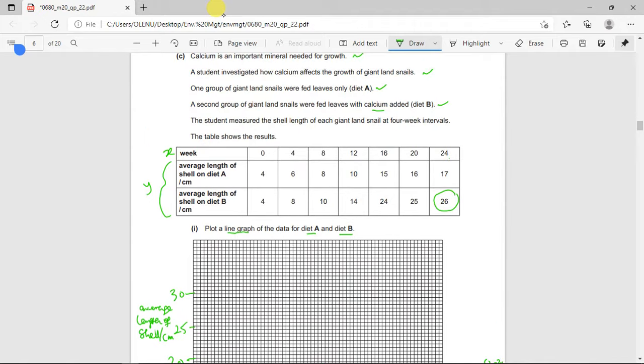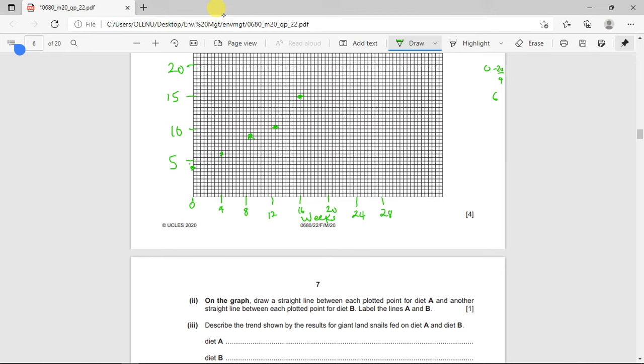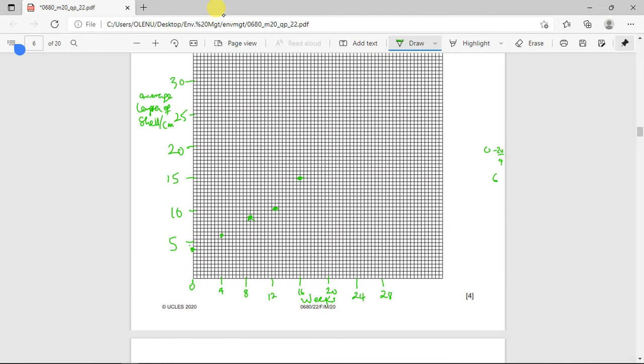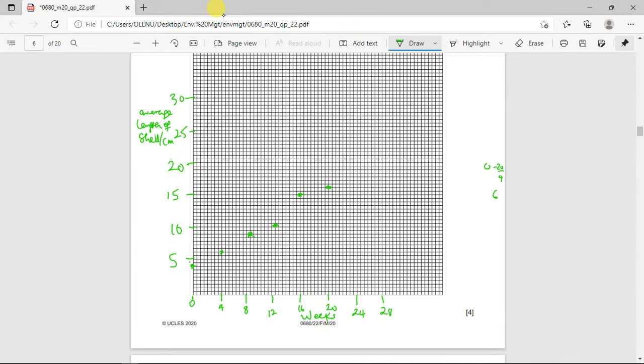At 20, A is 16, so if this is 15, then 16. At 24, A is 17. If this is 16, then the next is 17. So then my graph for A will be this straight line.